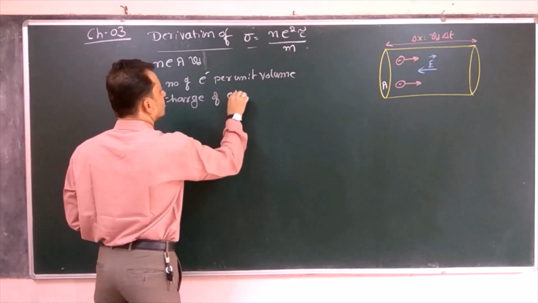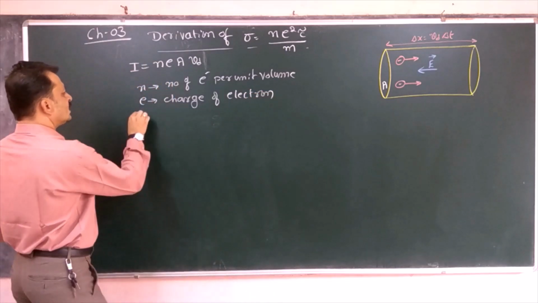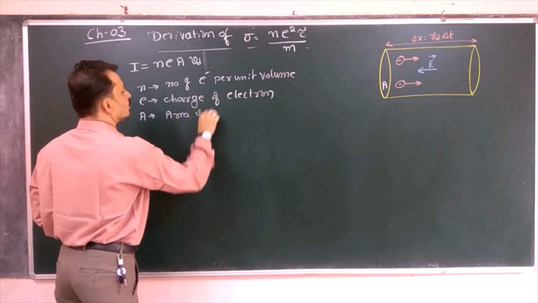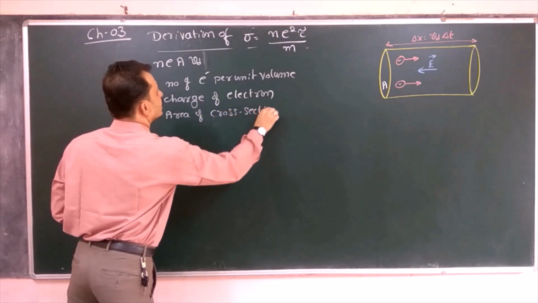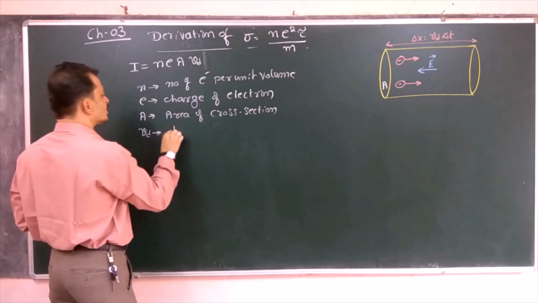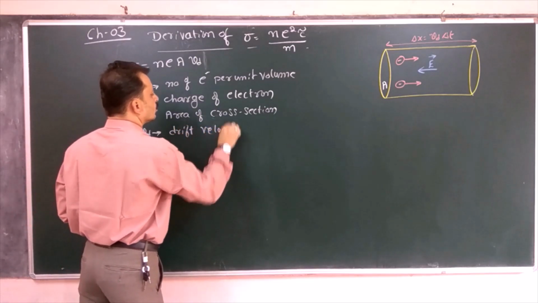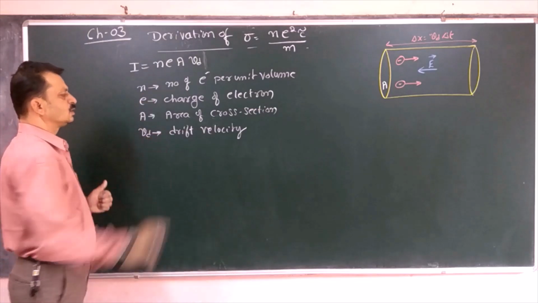A is the area of cross section. Vd is the drift velocity. We are taking only the magnitude.